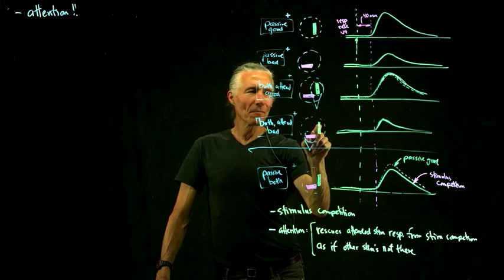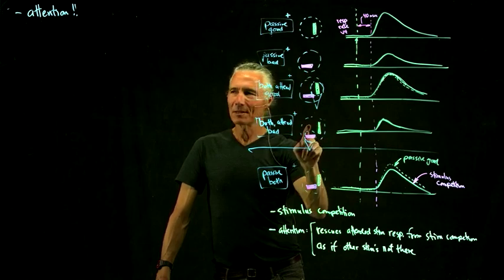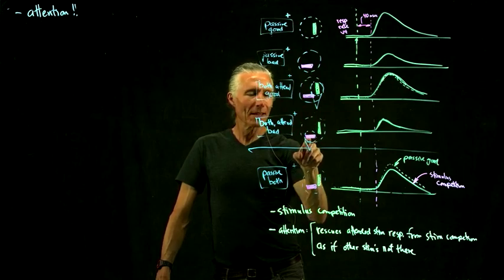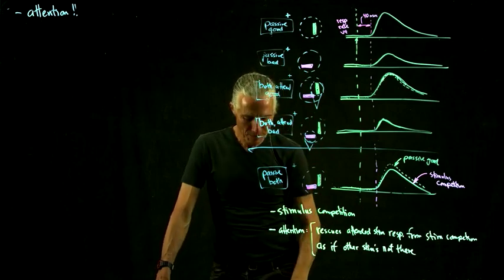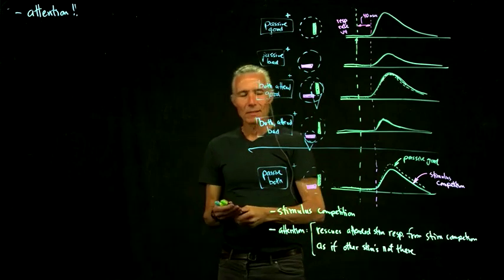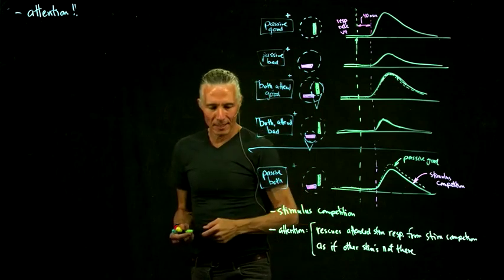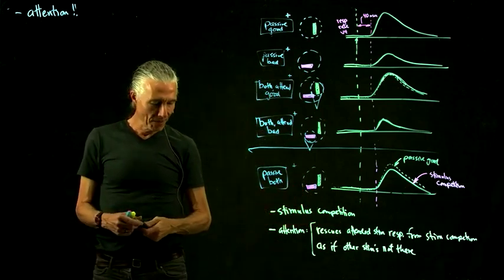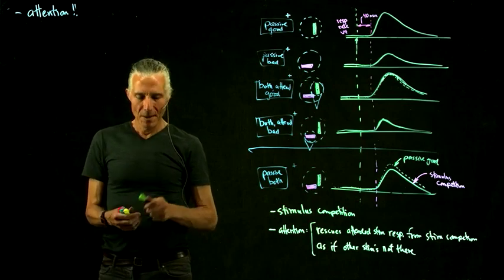So one of the things it has to do is look at it and figure out, I don't want the green one, I'm only paying attention to the red one. How does that work? People have actually looked at the time course of some of these things in more detail.